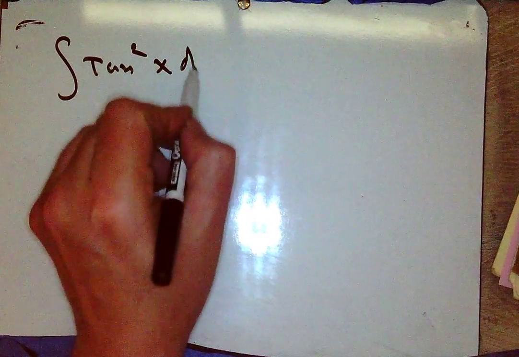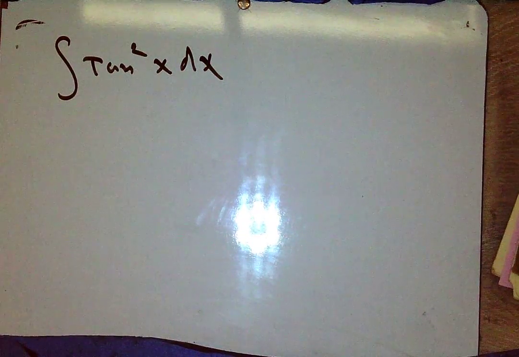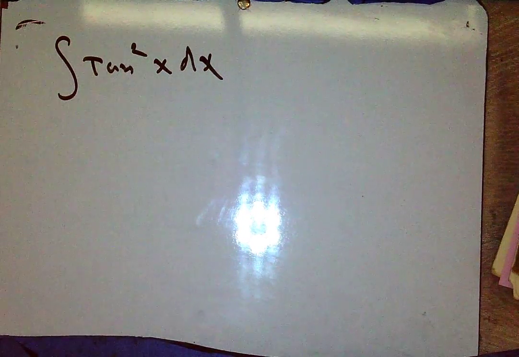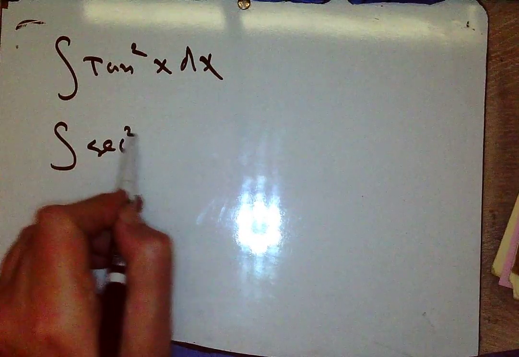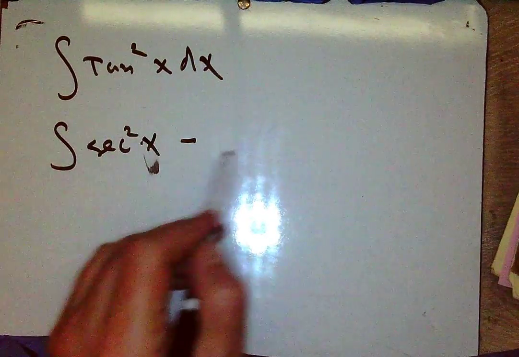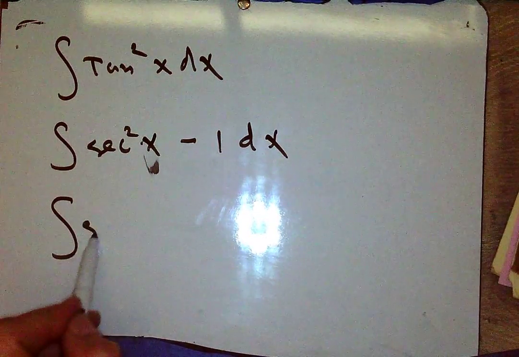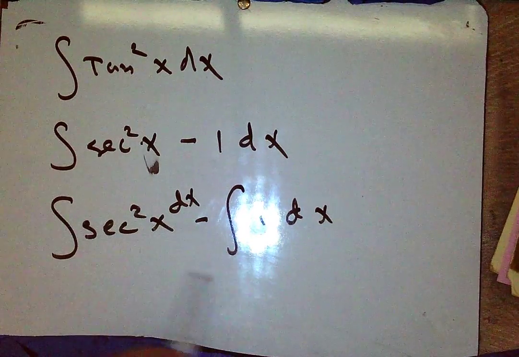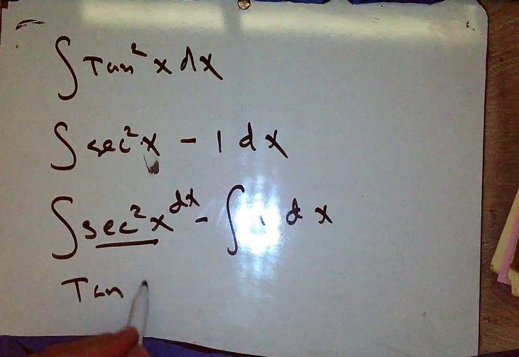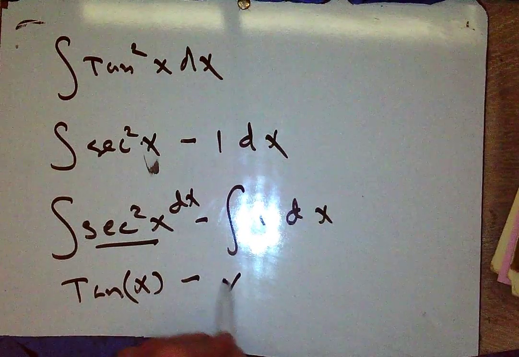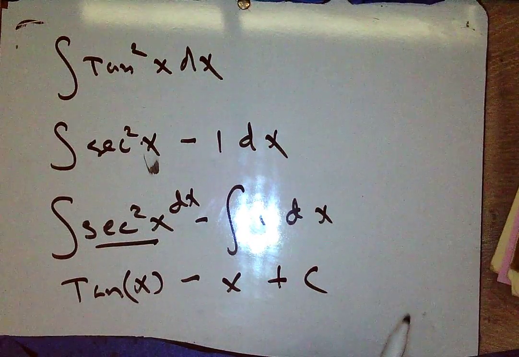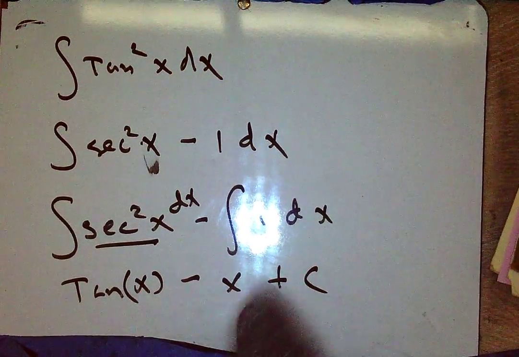Whereas tangent squared x dx, this one is going to be all about knowing your Pythagorean identities. Whose derivative is that? That's tangent's derivative. The antiderivative of 1 is x, and don't forget the plus c. And that's nifty if I remember my Pythagorean identity.